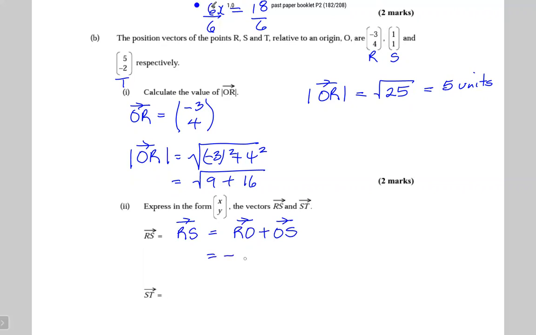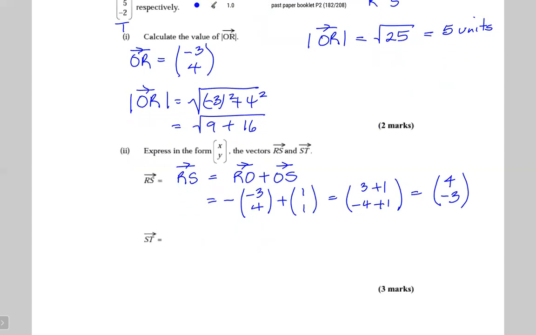So this is minus OR, which is -3, 4, plus OS, which is 1, 1. A negative times a negative is a positive, so 3 plus 1, minus 4 plus 1. This is 4, minus 3.